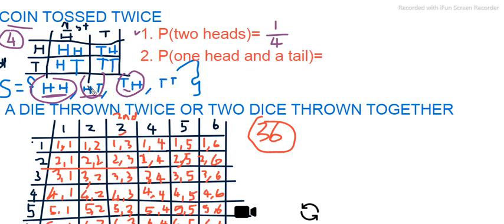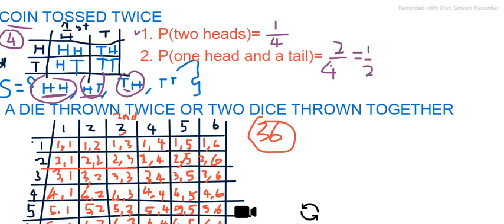So the possible events for 1 head and 1 tail are head tail and tail head, making 2 events in total. So that will be 2 over the total number of events, which is 4. 2/4, and when we reduce this, we have 1/2. I believe you understand that.